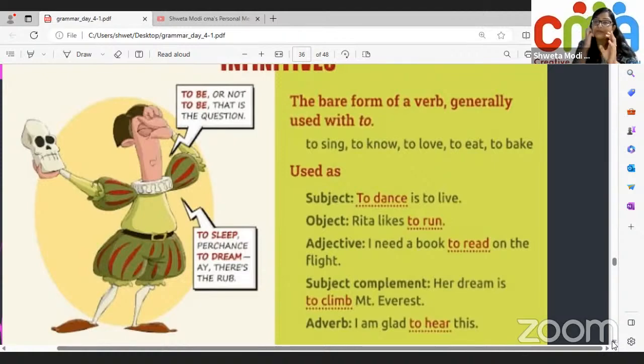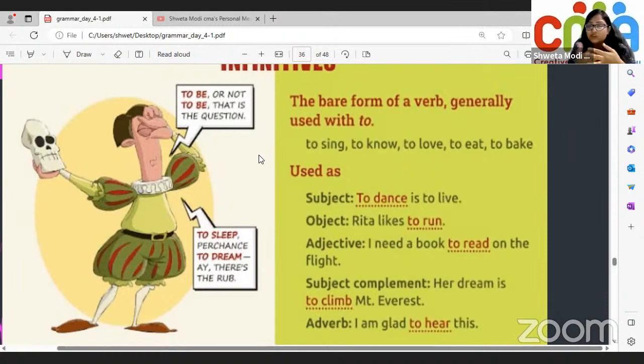So when you have verb as a subject or verb as an object, then it becomes infinitive and you use to. Okay. To dance, subject. To run, object. I need a book to read. So to read on the flight, a book to read. So it's telling about the book. So that is an adjective.